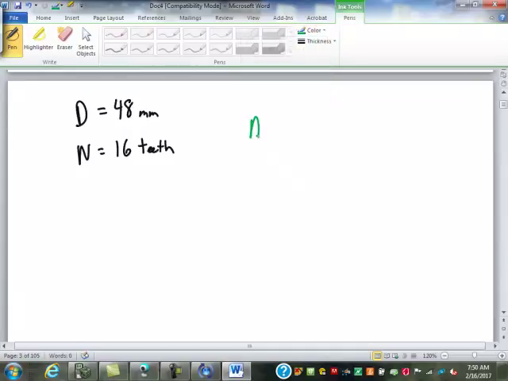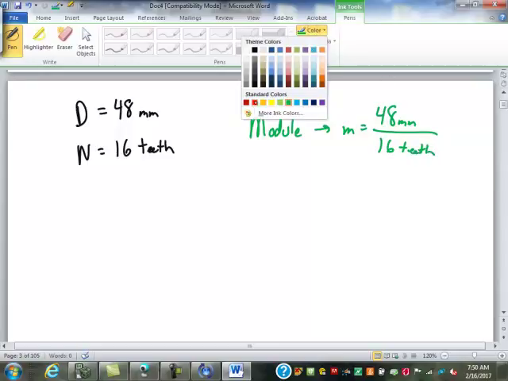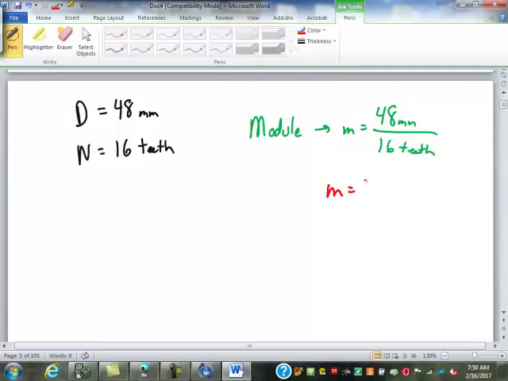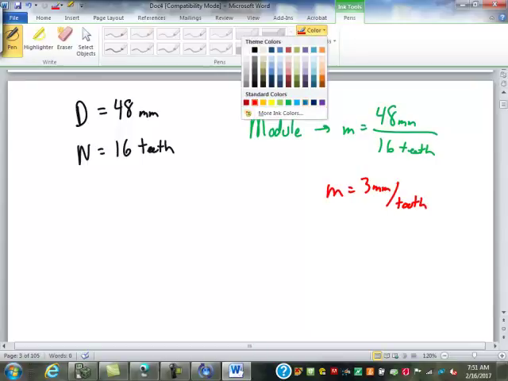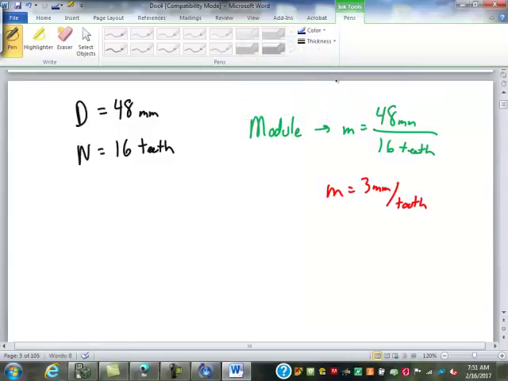So the module for this gear is 48 millimeters over 16 teeth, which gives us a module of 3 millimeters per tooth. So it'd be called a module of 3. We don't use the label on the module. We know what the label is supposed to be. So this is a module of 3.